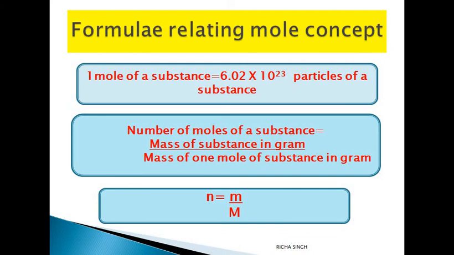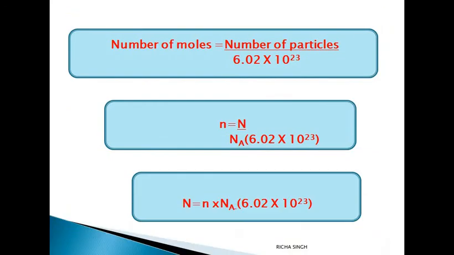Mass of the substance in gram, which is given, upon mass of 1 mole of the substance in gram. That is, n = m/M, where small n is the number of moles, small m is the mass of the substance, and capital M is the mass of 1 mole of the substance in grams.